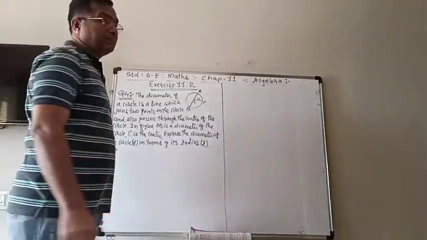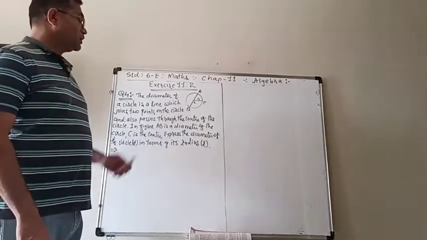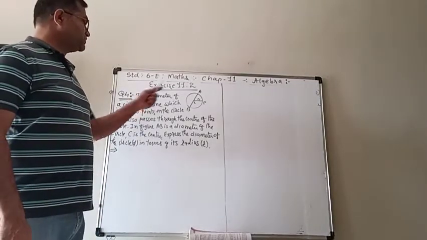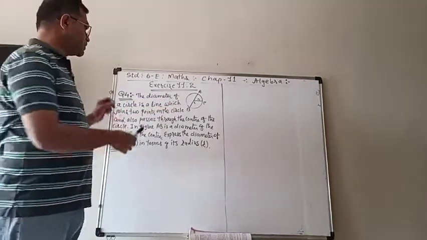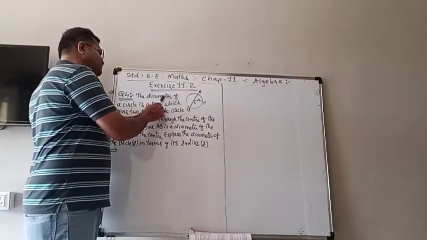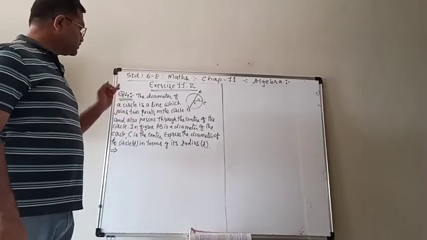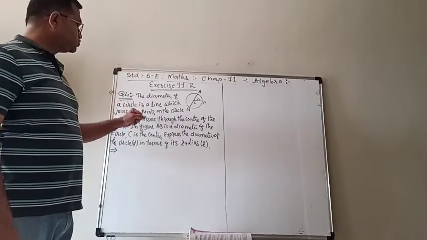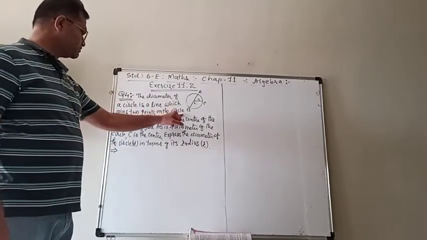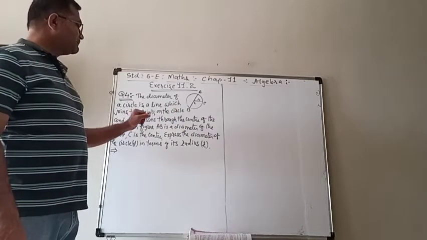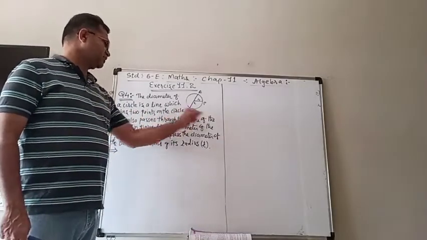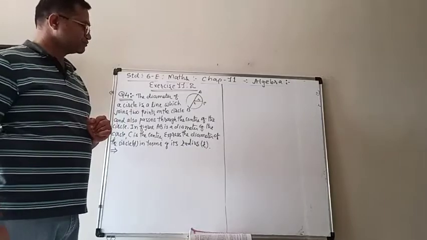Now in question number 4, you can see that a circle is given. The diameter of a circle is a line which joins 2 points on the circle and also passes through the center of the circle.